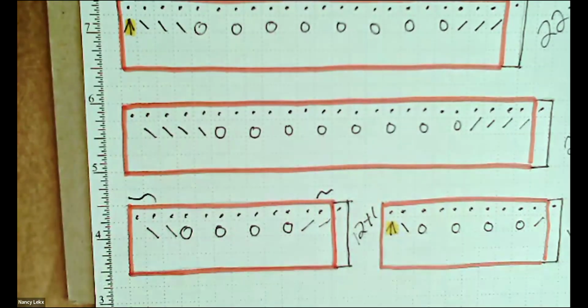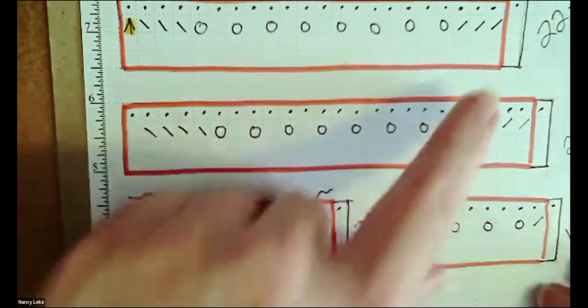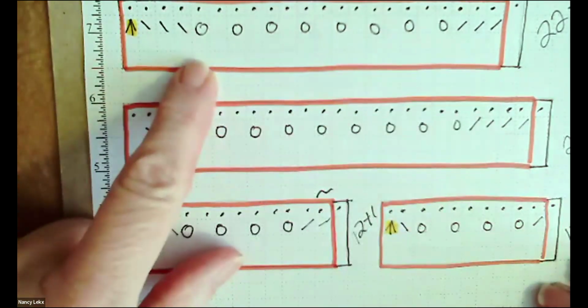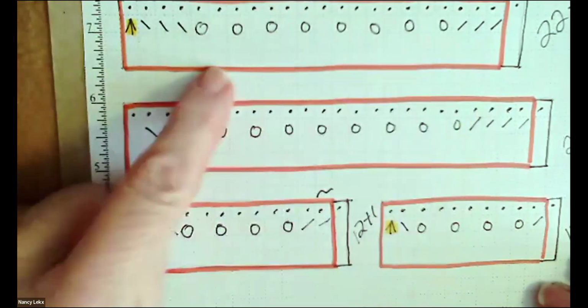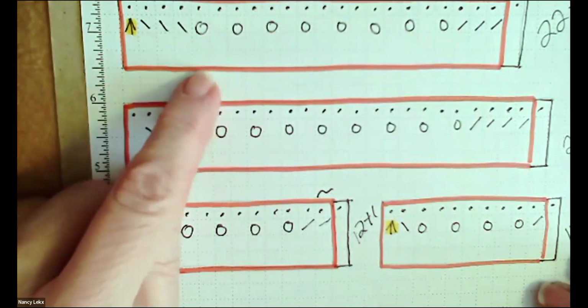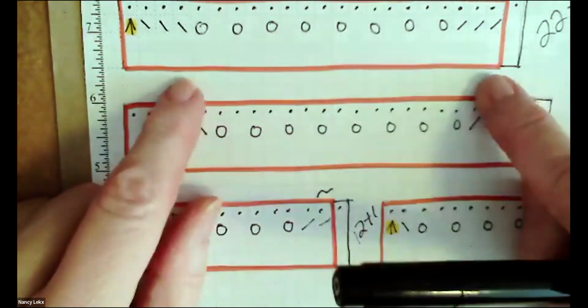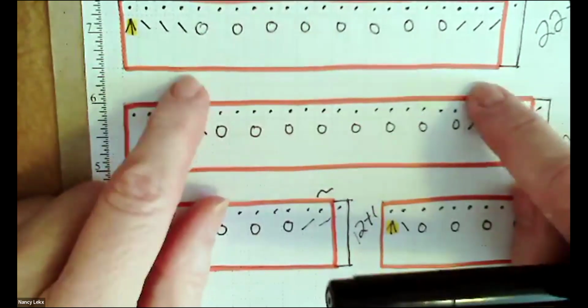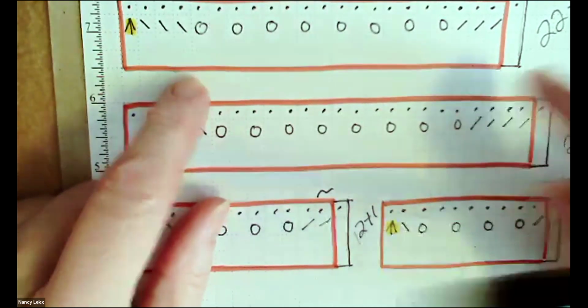Sometimes you'll see no stitch symbols on a chart because they don't add up anymore. But in this pattern, they always add up. You will always have, every row will have the same number of stitches.